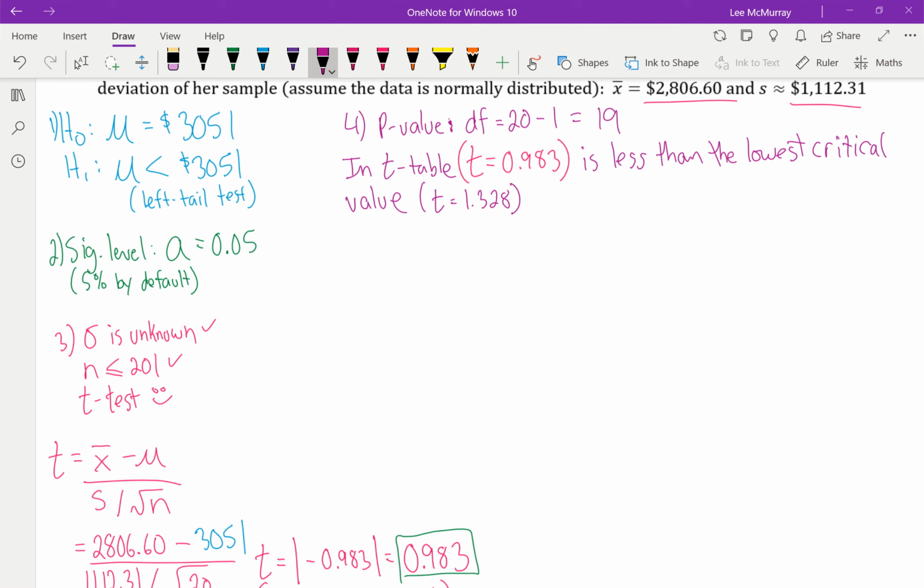That was the lowest value in degrees of freedom for 19, right? So we're going to put that in.